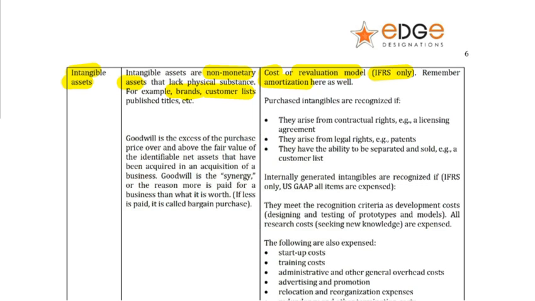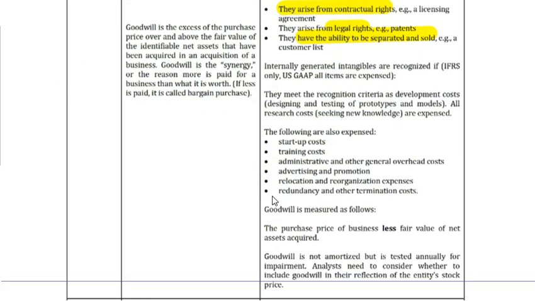According to IFRS, purchased intangibles, if you buy yourself a brand from somebody else, you can recognize if they arise from a contractual right, a legal right, and they have the ability to be separated and sold. For example, a customer list is then able to be recognized as an intangible asset.